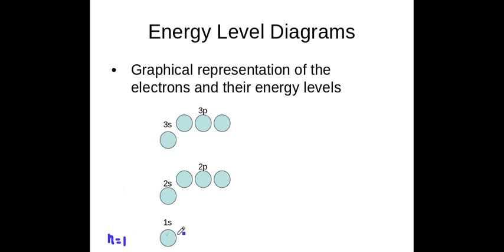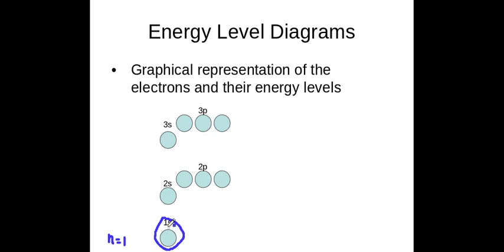We know that when n equals 1, the shape is 0, which we're now going to call S. So we use a circle or a square, or just some space that represents that shape. We don't have to draw the shape accurately; we just need a space to put electrons. This spot is the first energy level with shape S, so we just call it 1S.